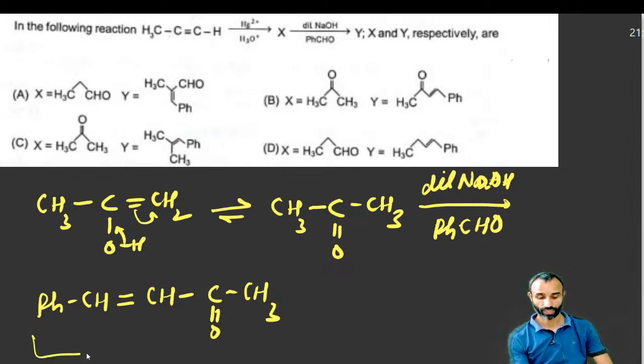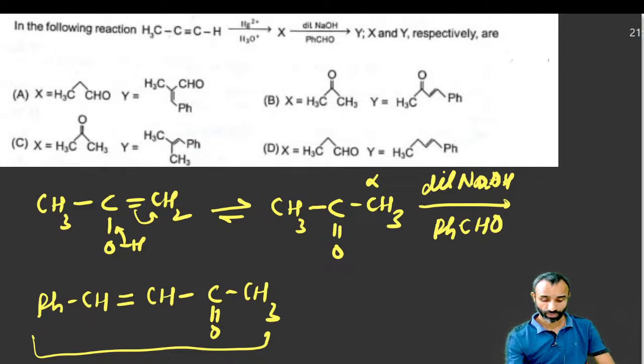So we get this product. In short, we get Ph, CH double bond CH, C double bond O, CH3. That means B is the right option.